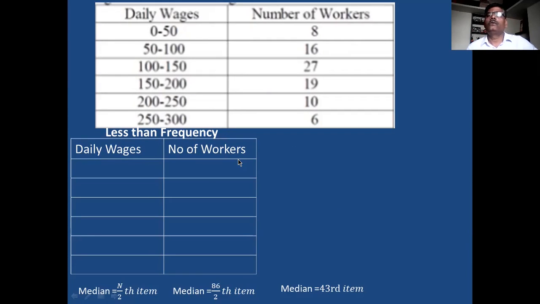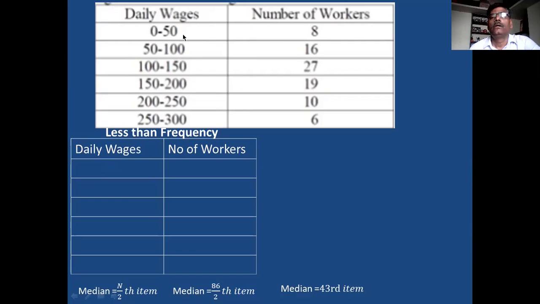I'll simply tell you the sequence of calculation, and in the next example, I'll give you the clue for calculation. Daily wage. For less than frequency, you have to take the upper limit value. That means less than 50. These 8 members' wage is less than 50.